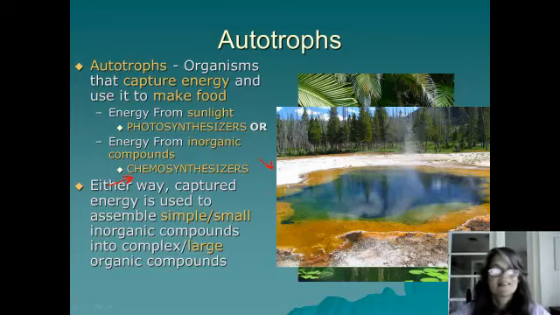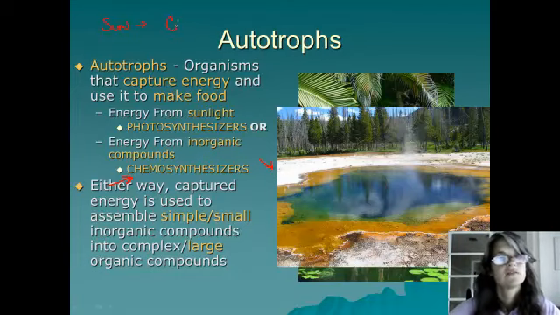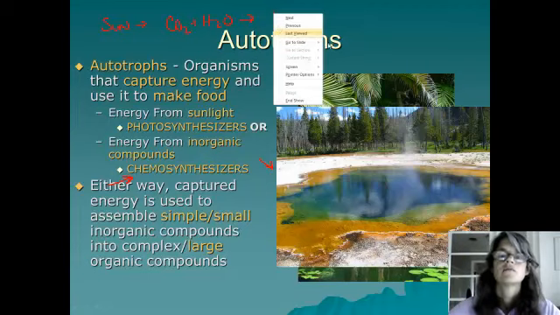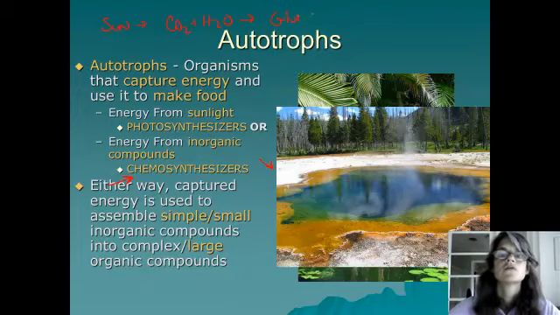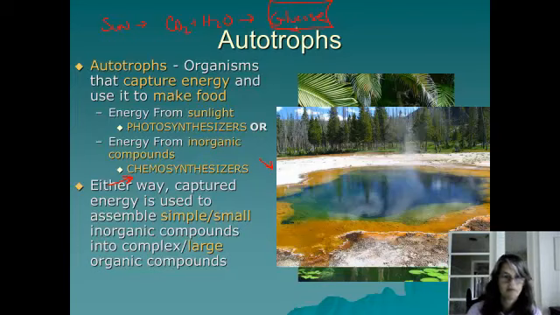For example, sunlight is energy that is going to be used to put together little building blocks of CO2 and water to give us glucose sugar, which is a much larger, more complicated chemical.